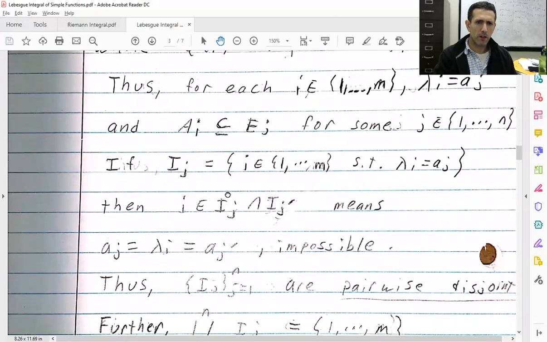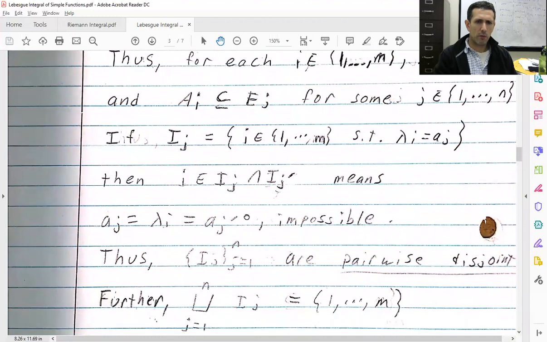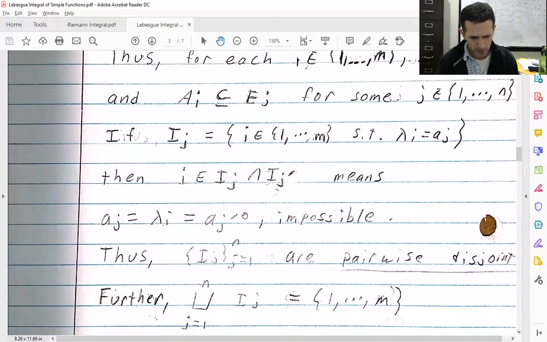Okay. So further, we have this equality right here, and this is pretty trivial. We just proved that this is a disjoint union, these are pairwise disjoint. Clearly, this union is a subset of the integers 1 through m, because each I_j is a subset of the integers 1 through m.